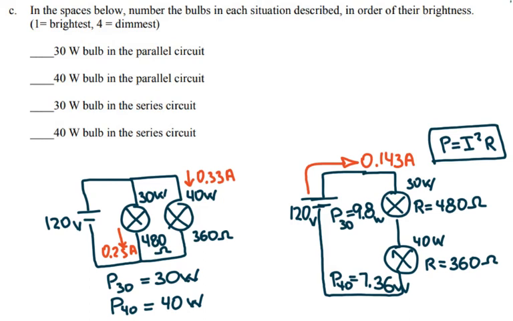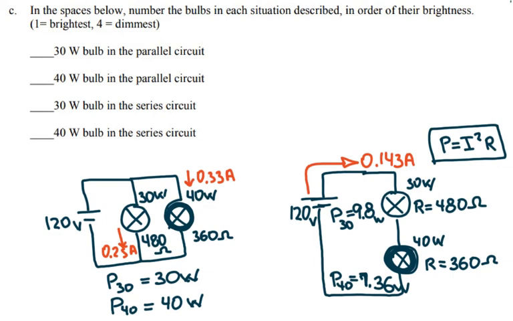So it looks like the dimmest bulb is going to be the 40 watt bulb in series connection, because its power is only 7.36 compared to the other ones, and the brightest one is going to be the 40 watt bulb connected in parallel.